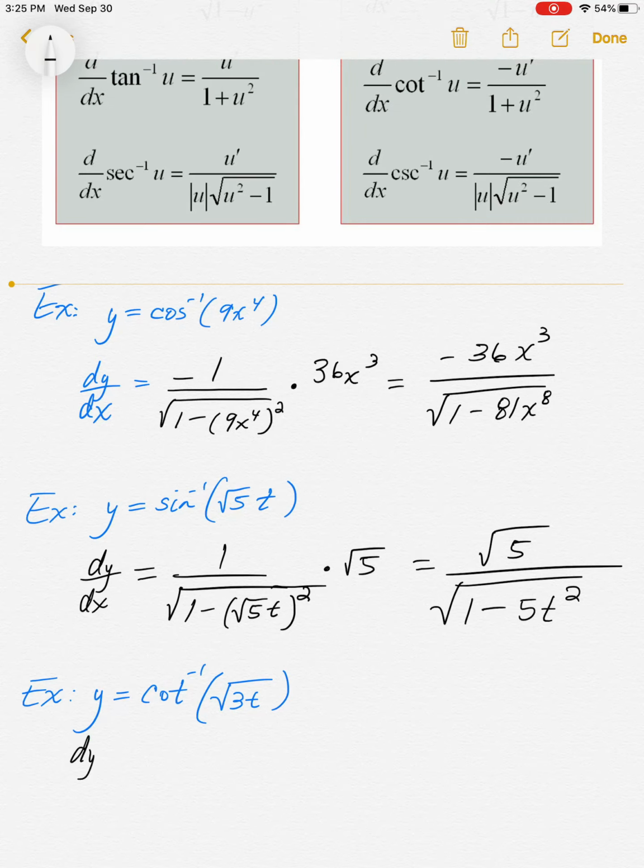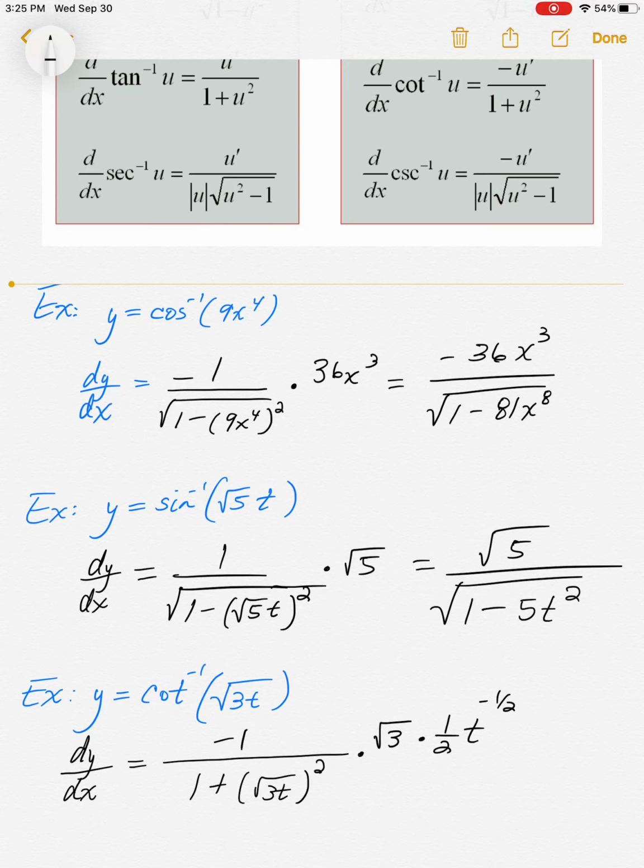Find the derivative, dy/dx equals, up there I have negative 1 over 1 plus square root of 3t squared times the derivative of the square root of 3t. That would be the square root of 3 times 1/2 times t to the negative 1/2.